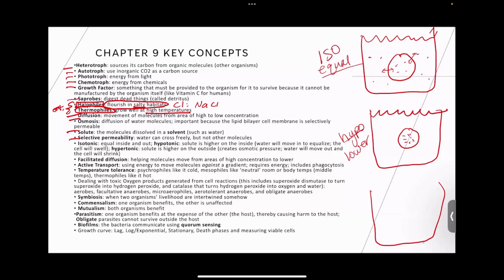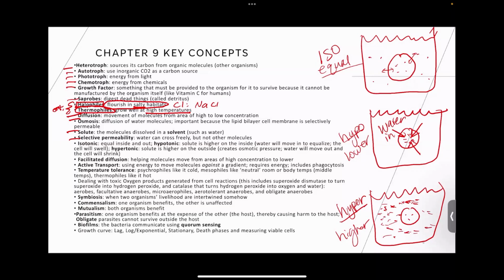I can't move the bouncy balls, but I can water down my bouncy balls, and maybe the concentrations will be equal then. So water goes in to water down what's inside and equal out the concentrations. In a hypertonic situation, we know it's higher on the outside. And so what happens is you'll have your cell, which might have a low concentration of salt, but what's outside of it is super, super high.